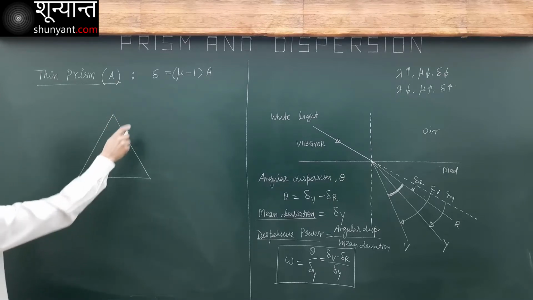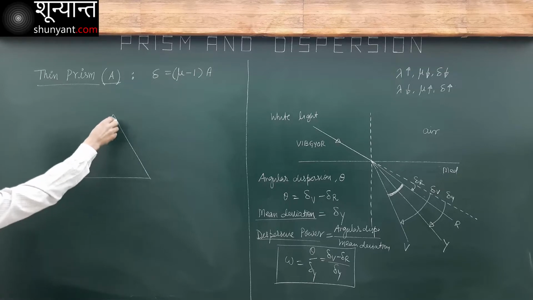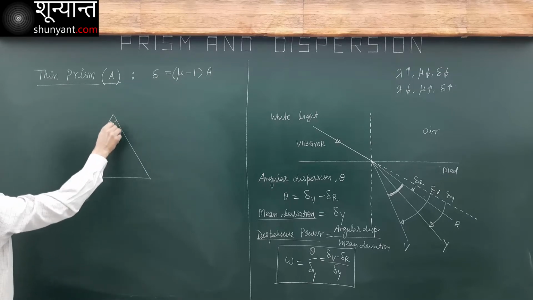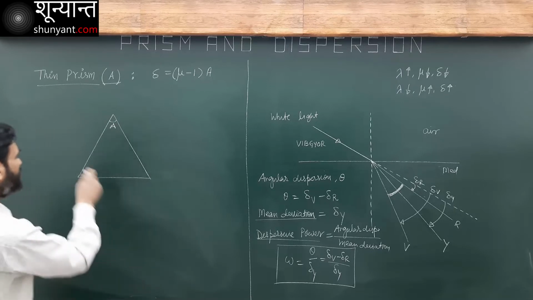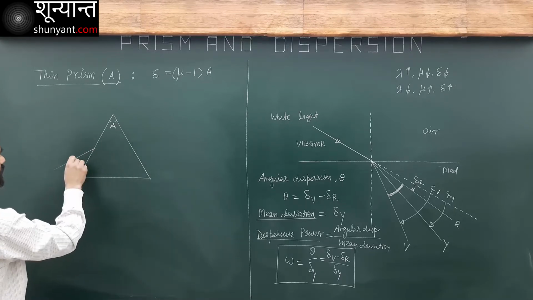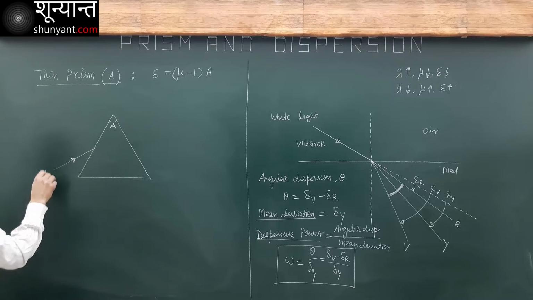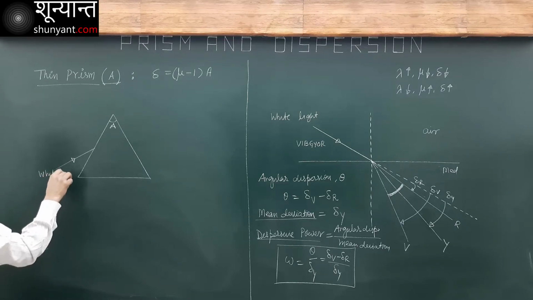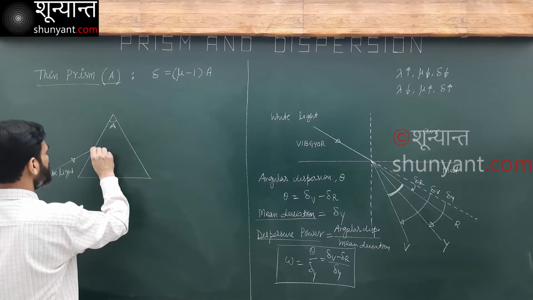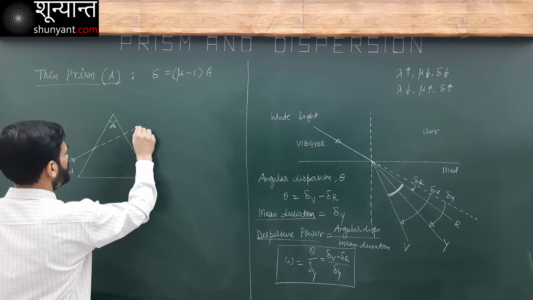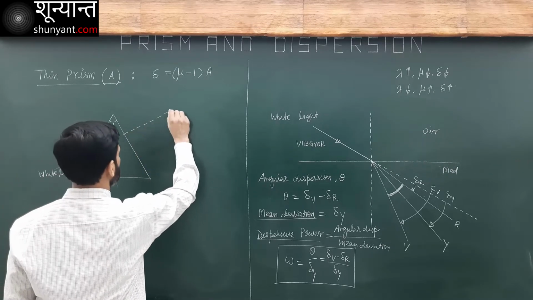Okay, so I am going to make use of this relation. This angle is very small. I am drawing it big just for the sake of clarity. Now, let's say that I have this light. It's a white light. Now, the moment it enters, it breaks. This is the original direction.